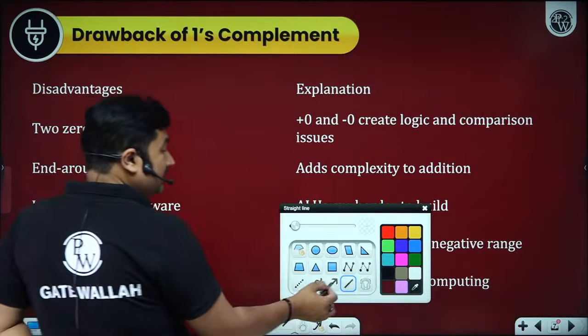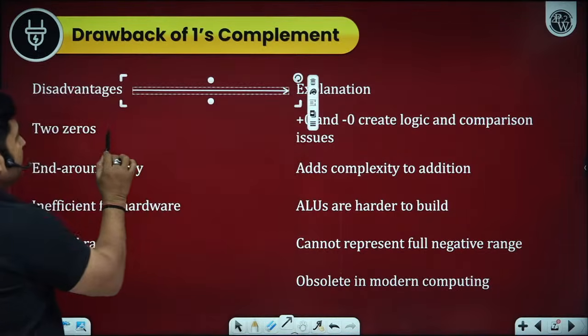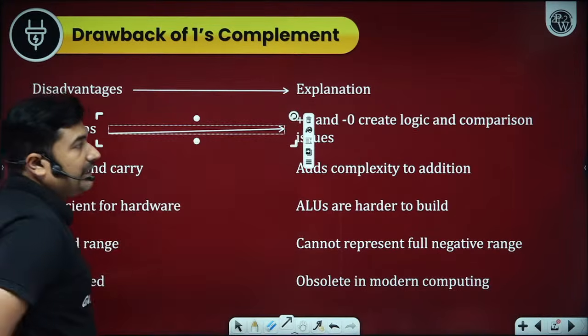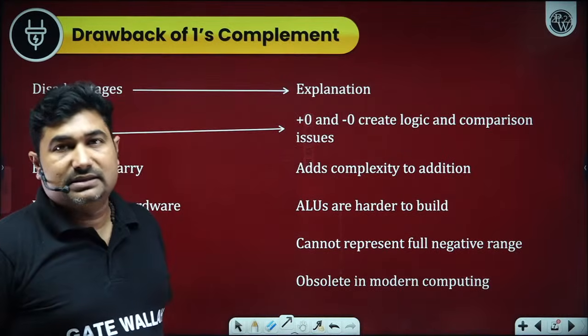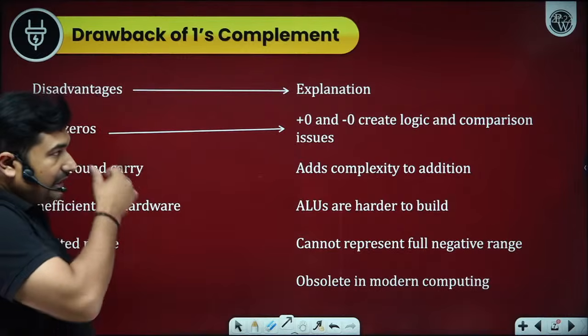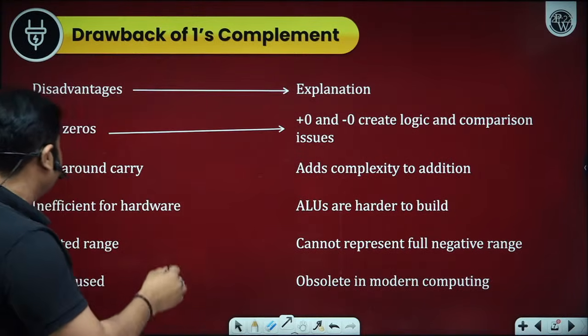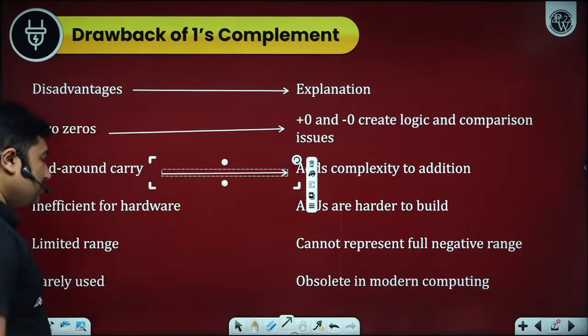Now please observe some disadvantages of 1's complement. Two zeros, plus 0 and minus 0. Plus 0 and minus 0 create logic and comparison issues. And end-around carry adds complexity to the addition.